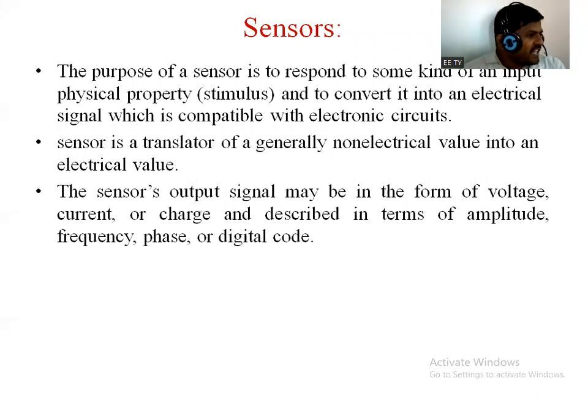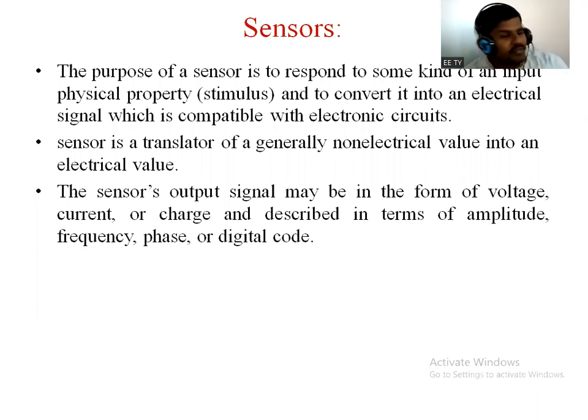It may be obtained in the form of voltage, current, or charge. Suppose voltage is obtained: how much is the amplitude of that voltage, and how much is the frequency of the output obtained?